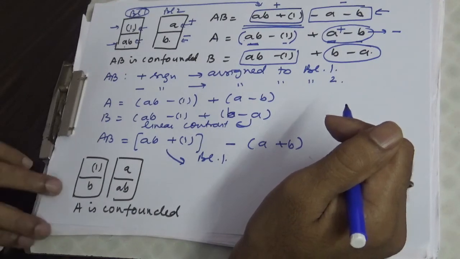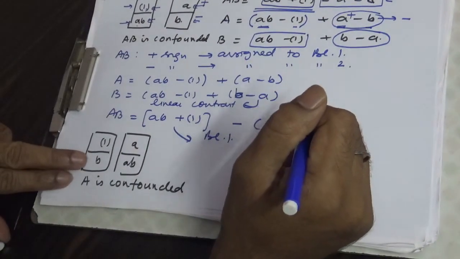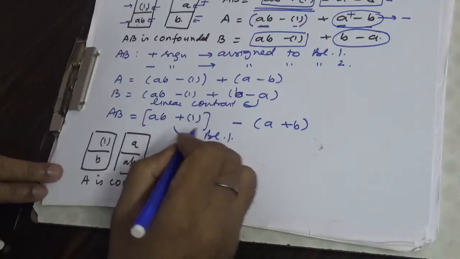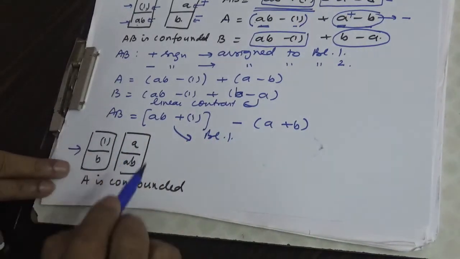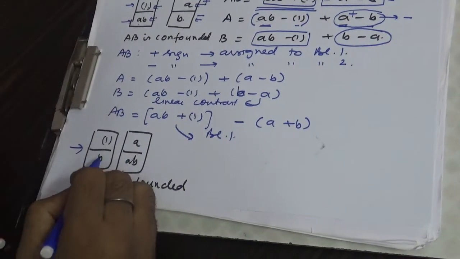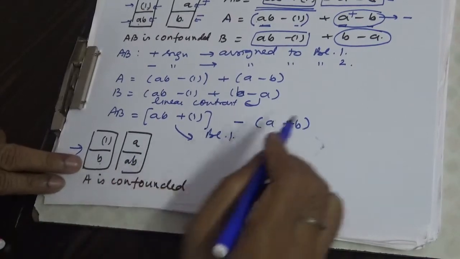Now the same thing you can see here in the second arrangement which we had considered, in which block 1 had 1 and B and block 2 had A and AB.